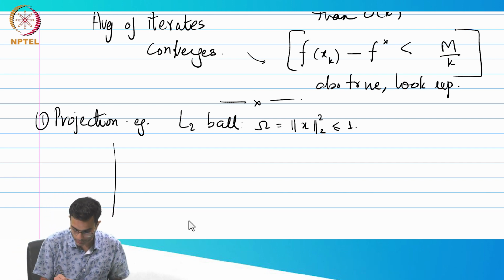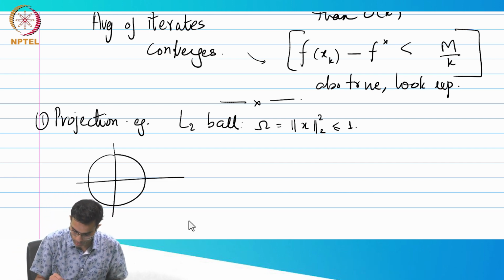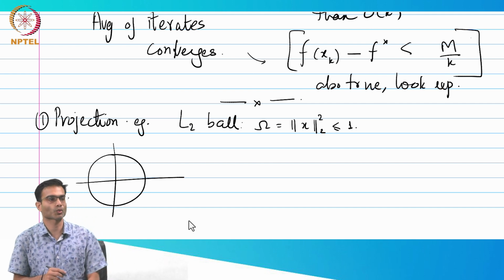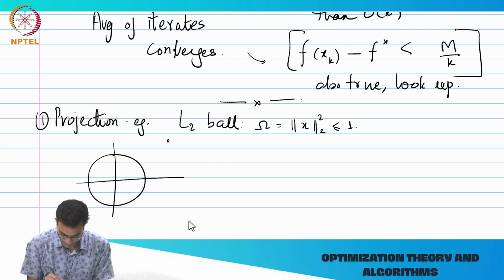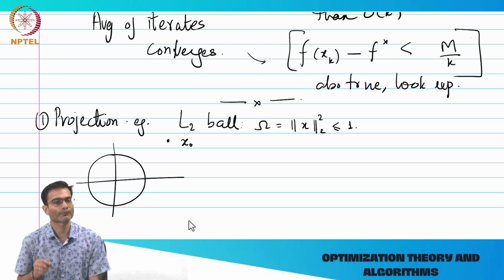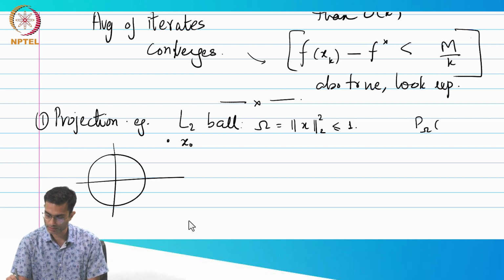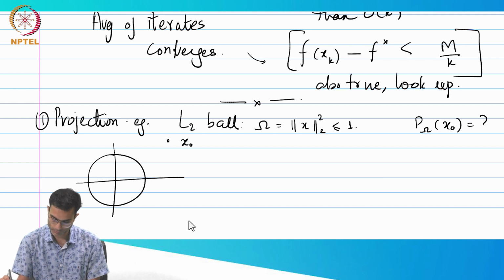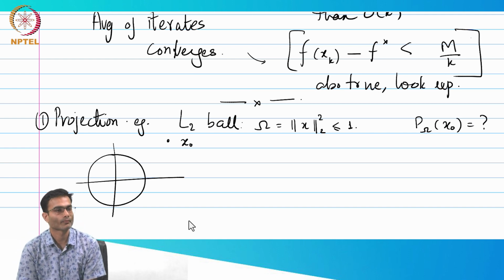Now, let's just draw a two-dimensional version of it, and here is my point x naught. Okay, and what I want to work out is what is the projection.